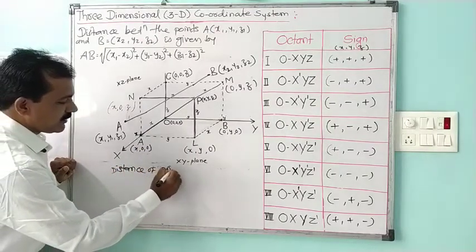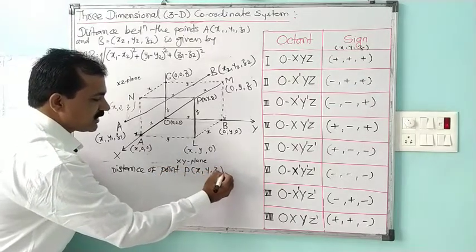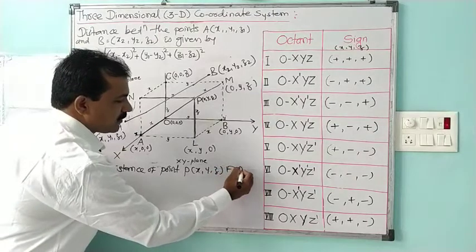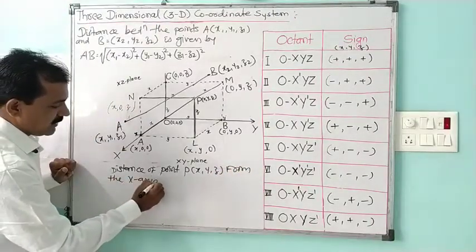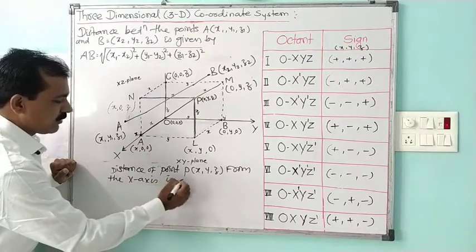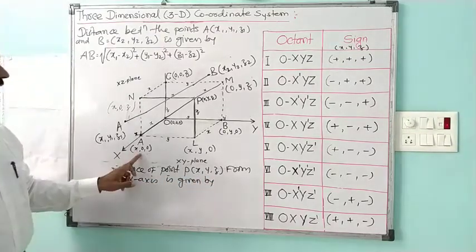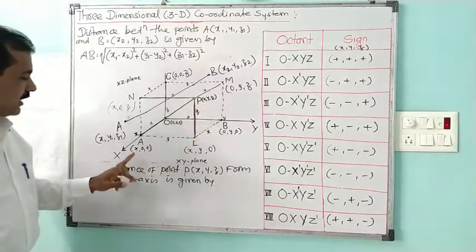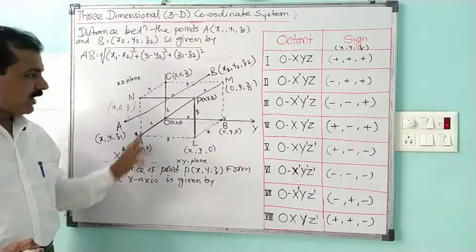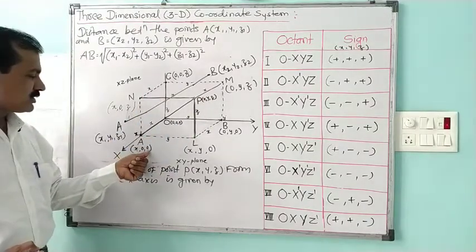So the distance of point P, whose coordinates are x, y, z, from the x-axis is given by the following. As you know from this figure, the coordinates of P are x, y, z, and the coordinates of A, by this parallelepiped structure, are x, 0, 0.